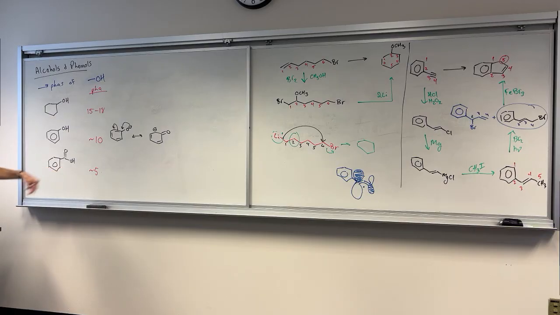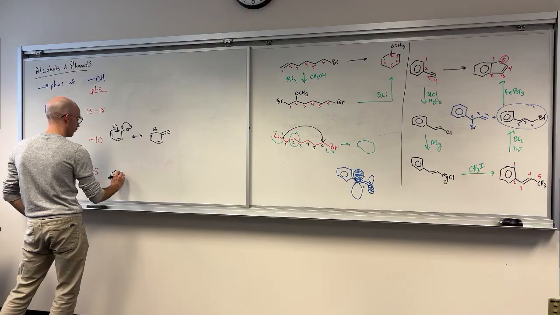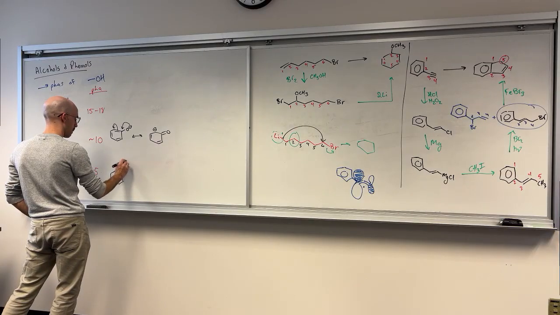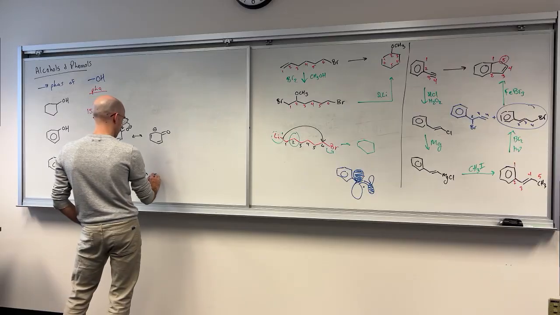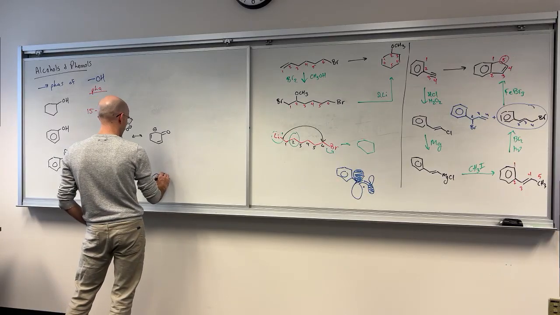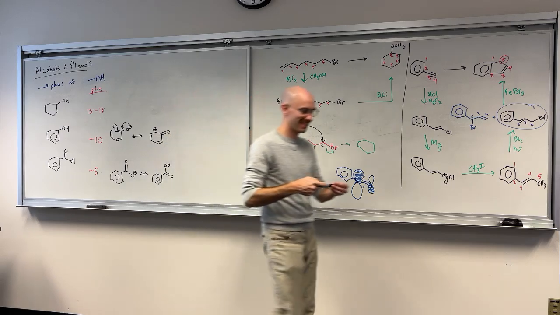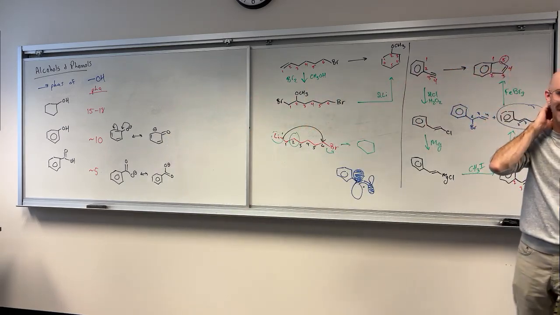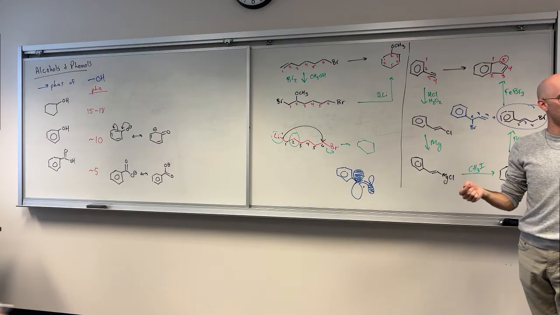And then there's benzoic acid. Why is this so much lower than phenol? Yeah, that's why. It just lives up to its name. Does it have more resonance than phenol?